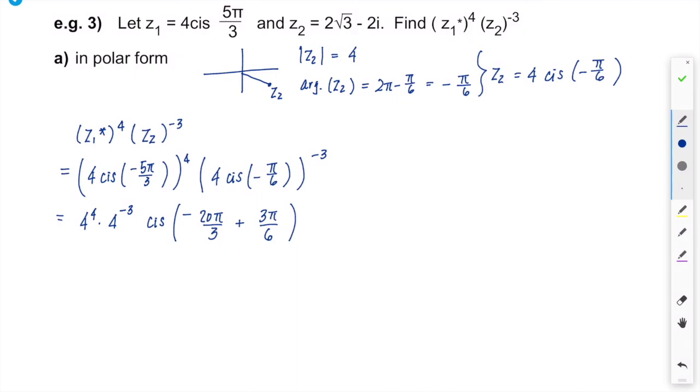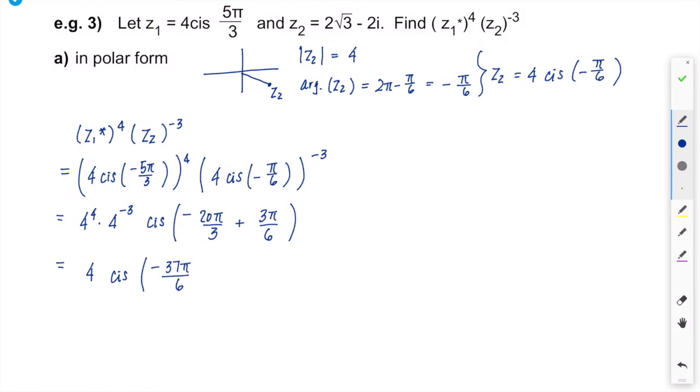Yep, that's good. So here, simplifying the moduli, 4 to the power of 1 is what we have. And then how about the arguments here? I have negative 20 pi, so negative 40 pi plus 3, so negative 37 pi over 6 is what I will have.